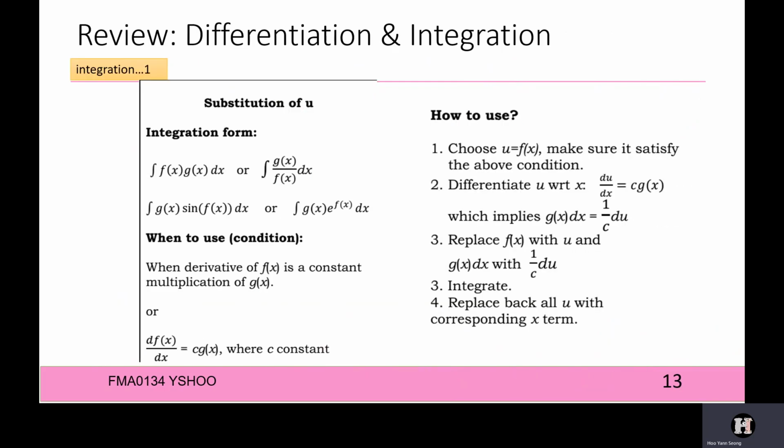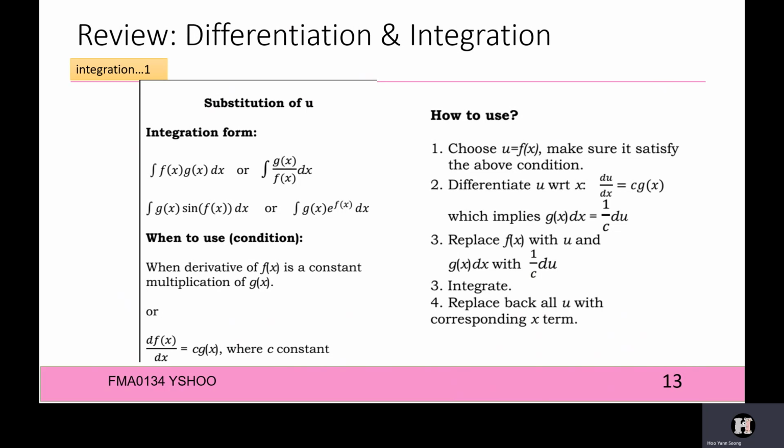Now, this is the way you will learn during your Maths 2. The first one is the substitution of u. Whenever you look at any form of substitution, it must consist of two different functions, like your product rule.